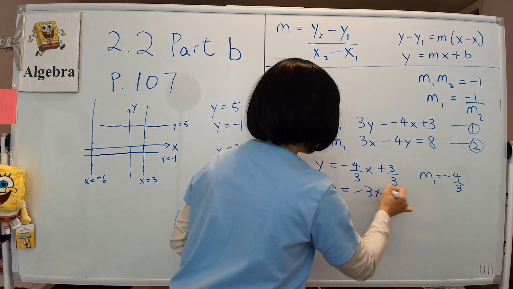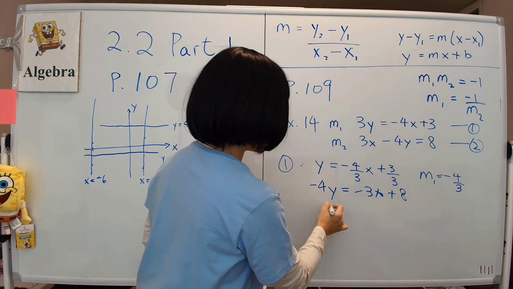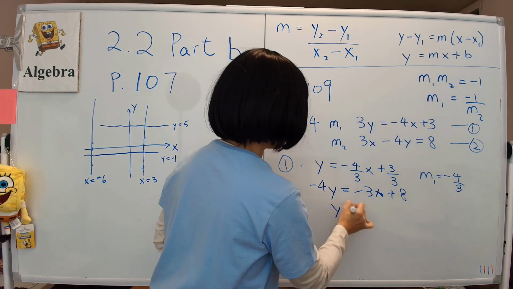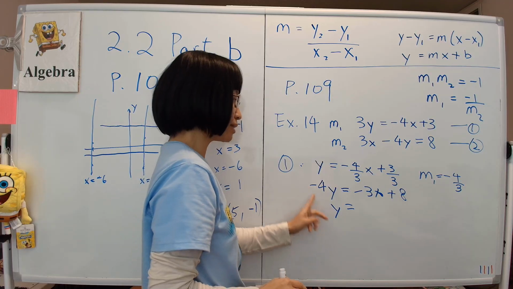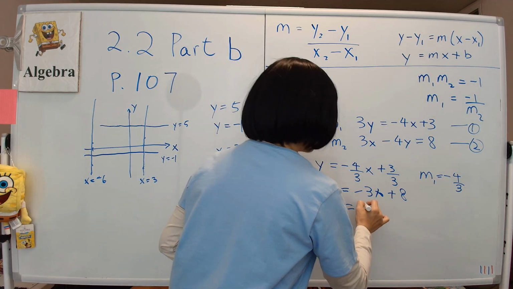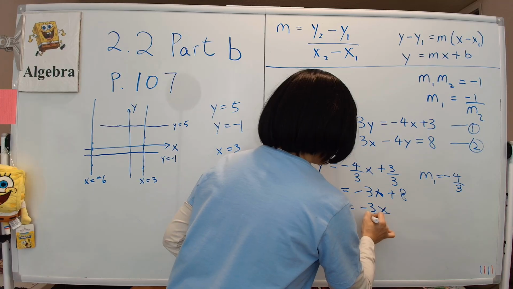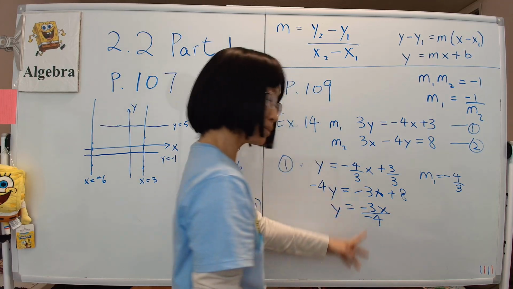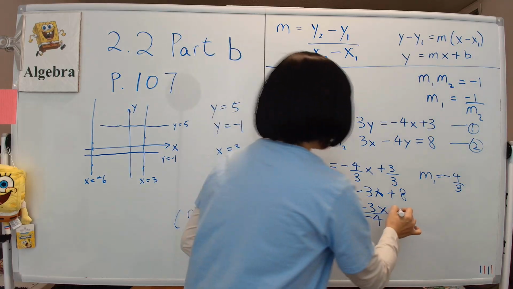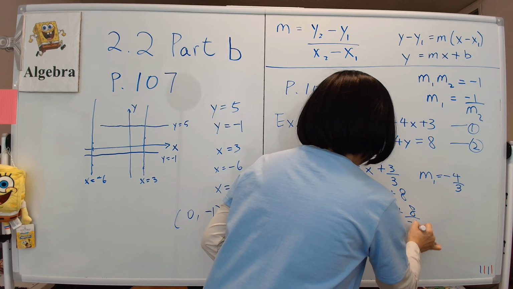Then y equals, now we're going to divide everything by the number in front of y, in this case negative 4. So that would be minus 3x divided by minus 4, which becomes positive, and of course the 8 also divided by minus 4.